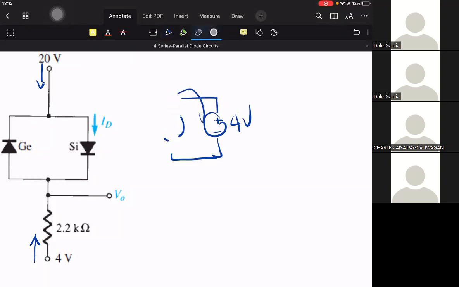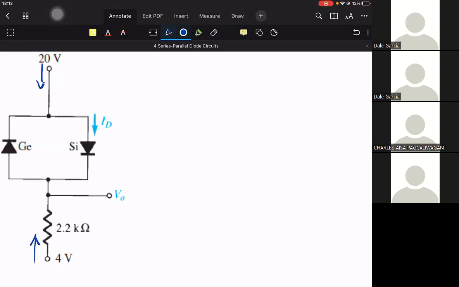So if purely batteries lang diha, buto na. So dili na siya advisable i-connect ang two sources in parallel. Purely in parallel. One would overpower the other. In effect, one would be quote-unquote charging.